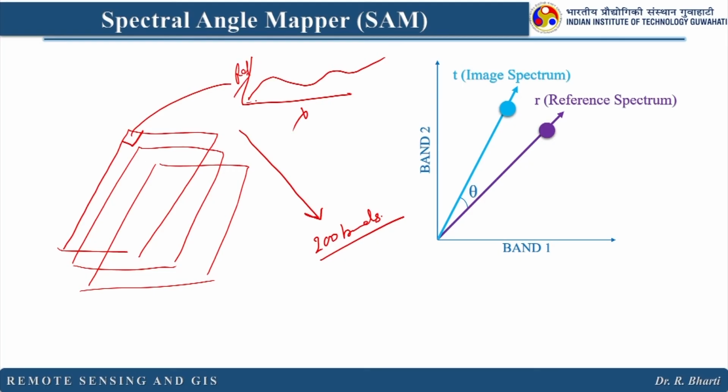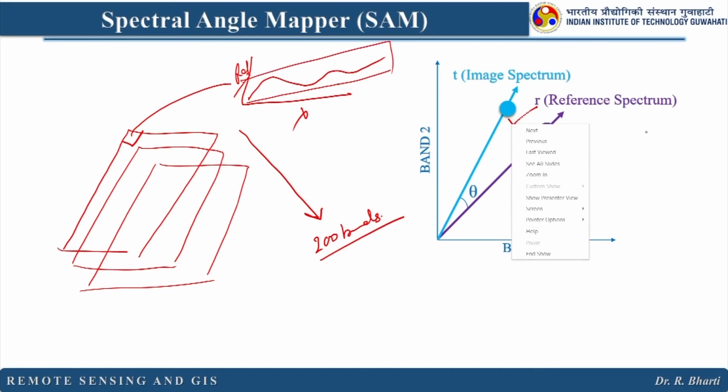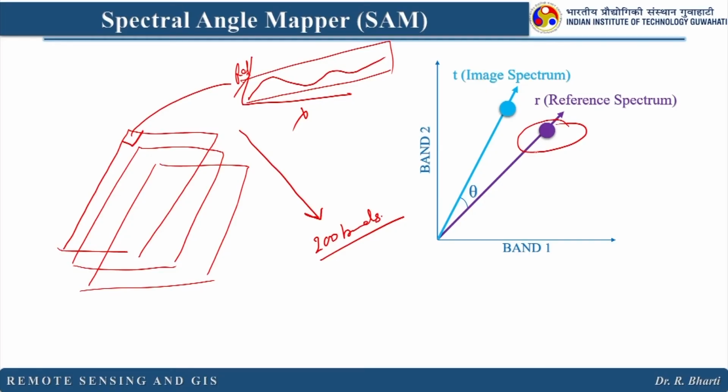This particular data is used here as the image spectrum, whereas this reference spectrum is an end member derived from MNF and PPI, or maybe field investigation, or maybe lab investigation. So whatever you have done doesn't matter. Here you need to have a reference spectra, and that will be used to estimate the angle between the target spectra and the reference spectra.